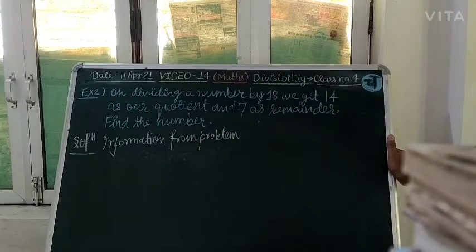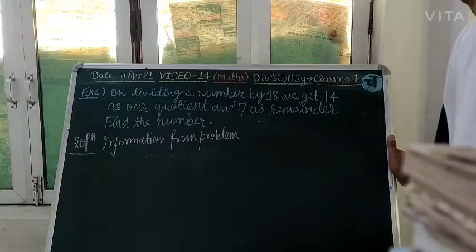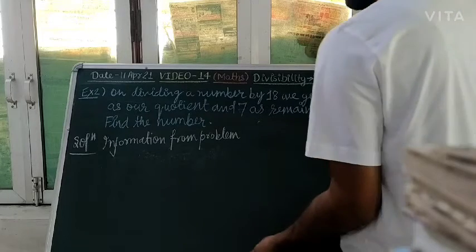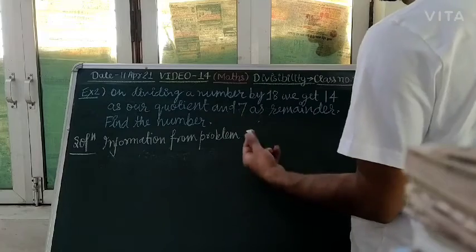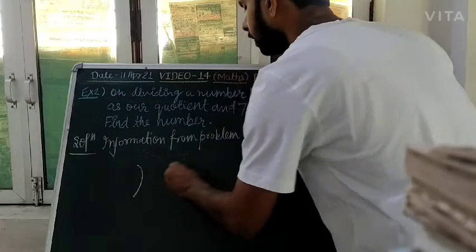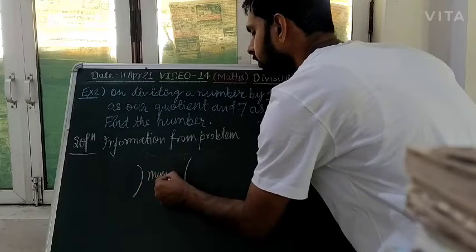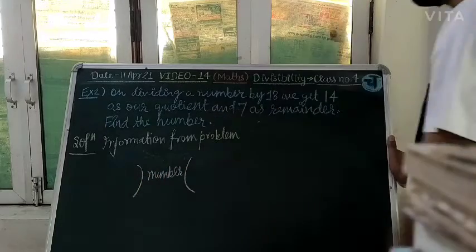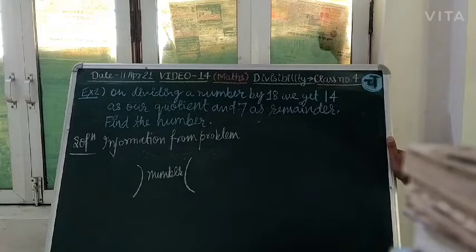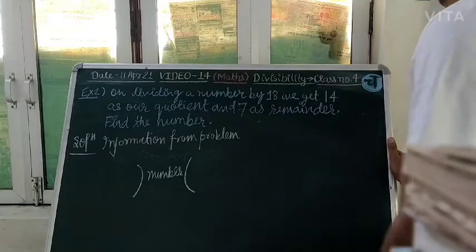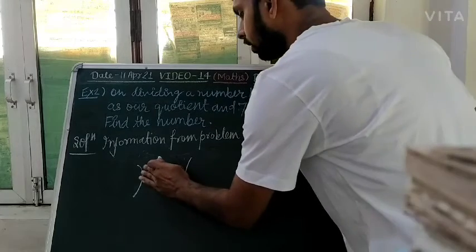And the information from the problem, we are getting that on dividing a number, you are dividing, and that number we don't know.